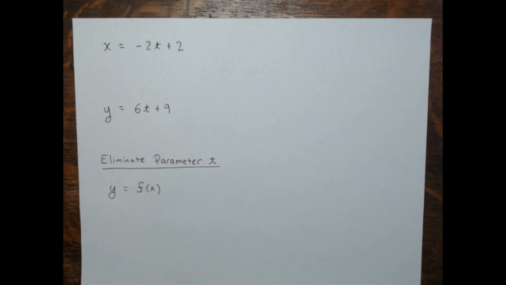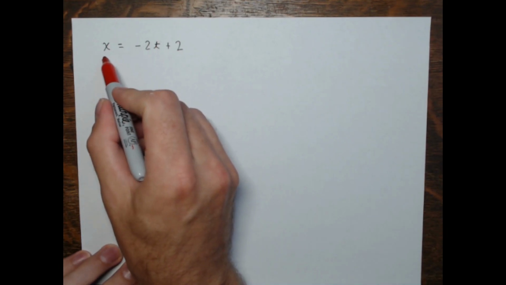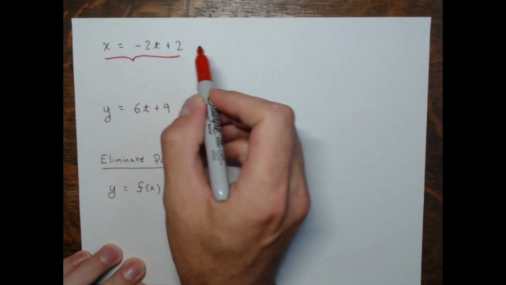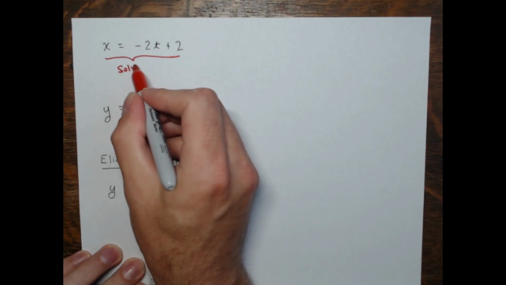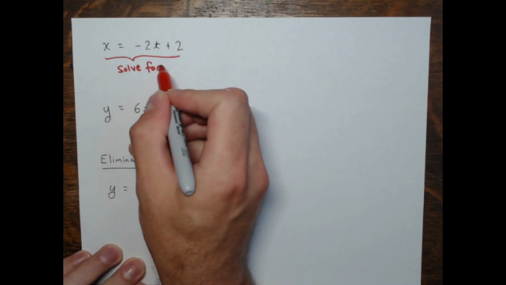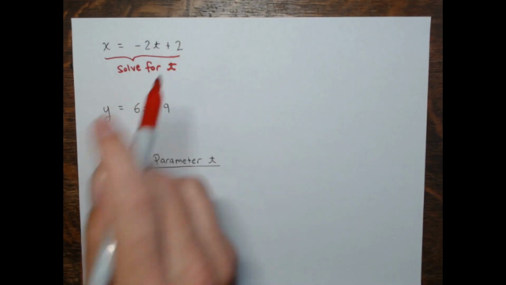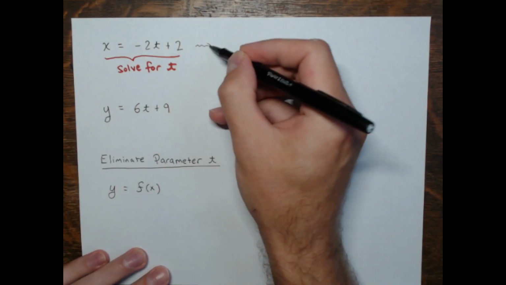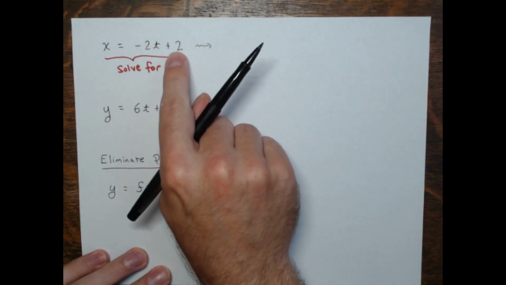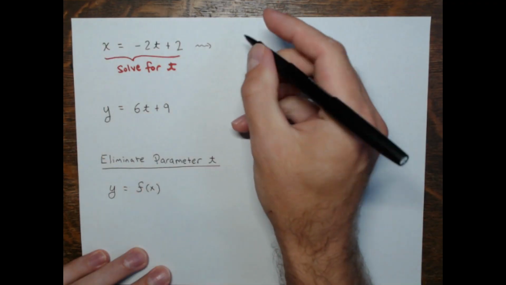All right, so that'll require going back to this equation involving x and t and solving for the parameter t. So I'm going to solve this for t, right? And it's a nice simple linear equation. So that would require subtracting 2, right?